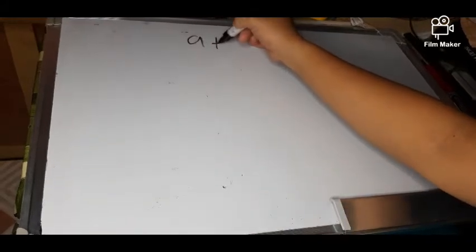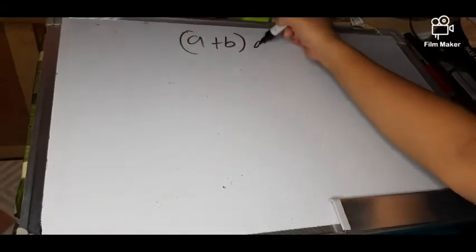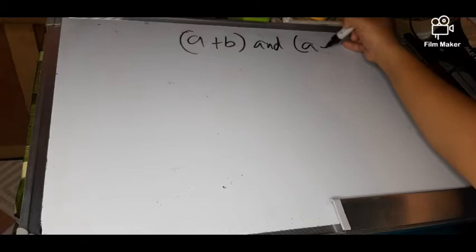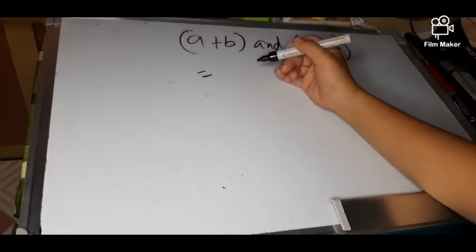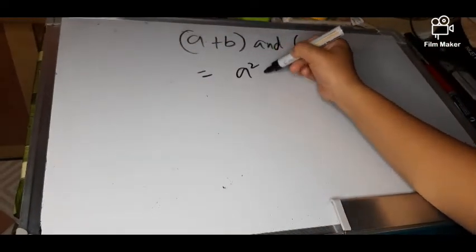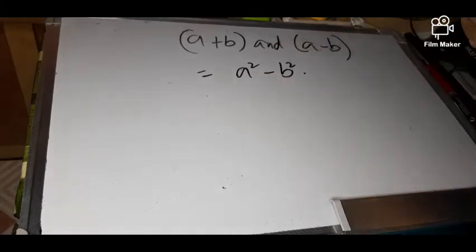Okay? Recall tayo, the topic about special product, particularly the product of the sum and difference of two terms. It states that the product of a plus b and a minus b is equal to the difference of two squares, which is equal siya dito, a squared minus b squared.